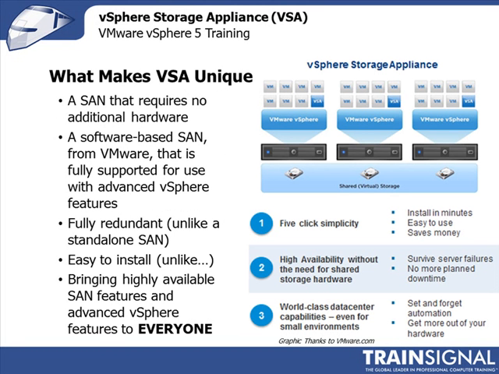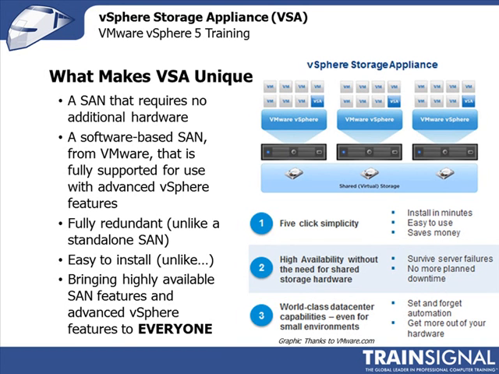Here's another nice graphic from VMware.com that depicts the things that make the VSA so unique. First off, they say that it installs in minutes. In fact, they claim that you can install it in 5 clicks. I'm not so sure about that, but we'll see. It offers high availability without the need for dedicated shared storage hardware. It can survive server failures, and it offers world-class data center capabilities and brings those down to small environments.